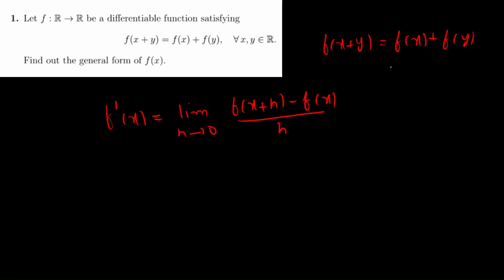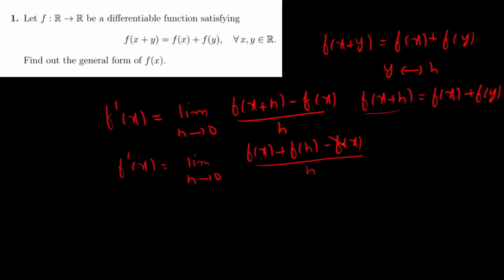Now if I replace y with h, let me substitute this value of f of x plus h in our first principle equation. f dash of x is equal to, we can see that f of x cancels. Here also it is h since we replaced y with h. Now we are left with limit h tends to 0 f of h by h.